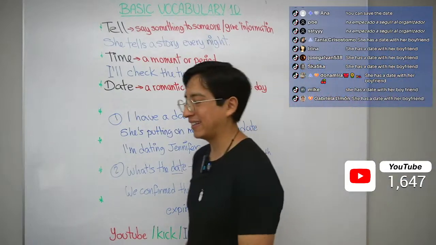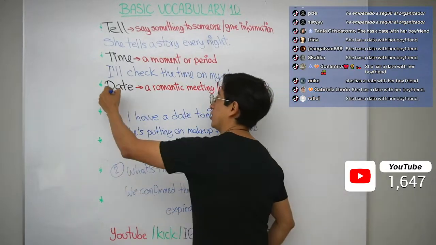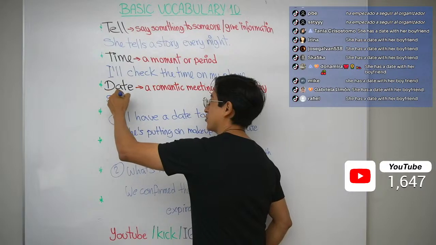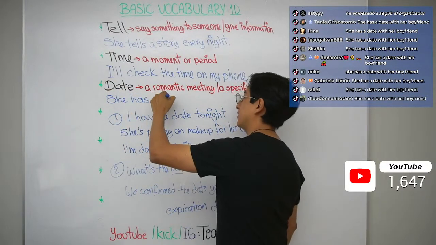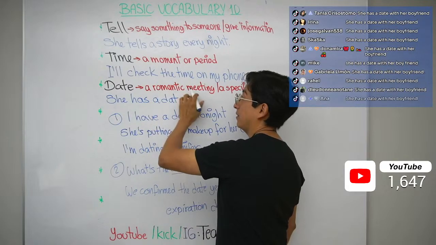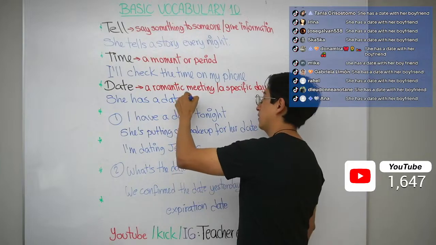Okay, perfect. Let's write this sentence on the board. She has a date, a romantic meeting, right? She has a date with her boyfriend.